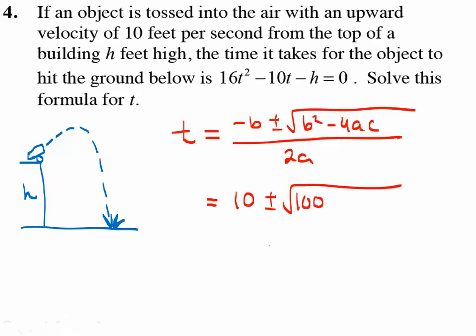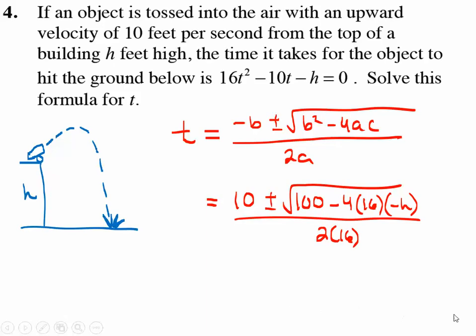So that would be 100 minus 4 times 16 times negative h, all over 2 times 16. Negative h is the c value right here, because it's all the way at the end. So it's a, b, and c. So the negative h comes in as c.